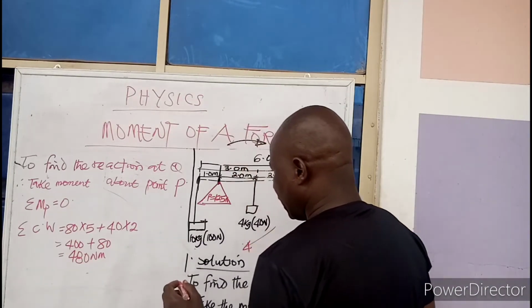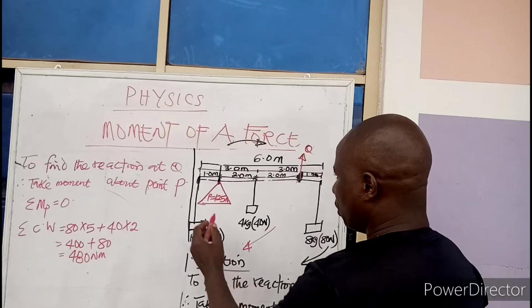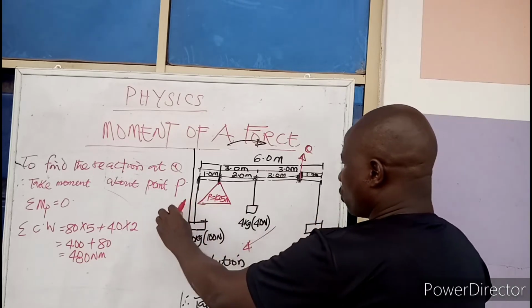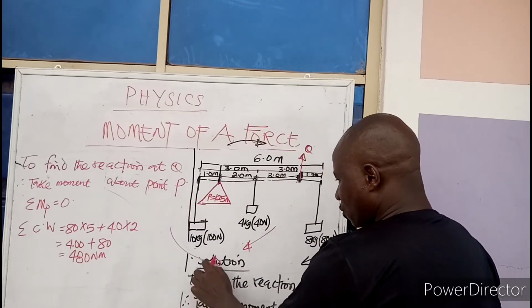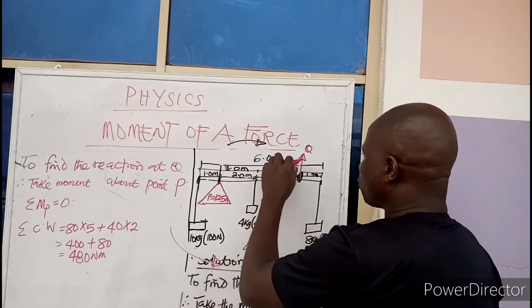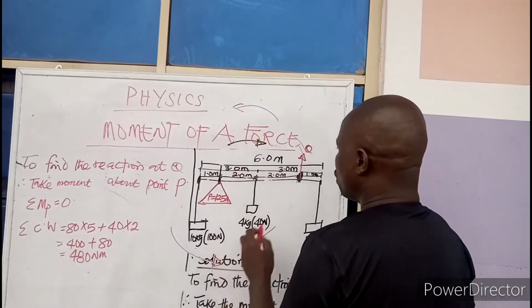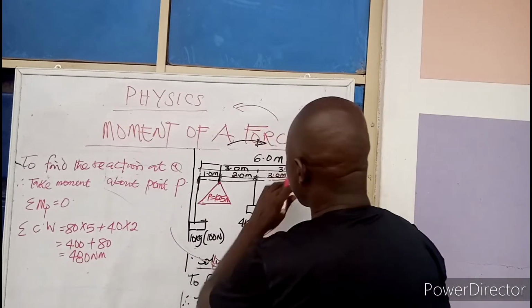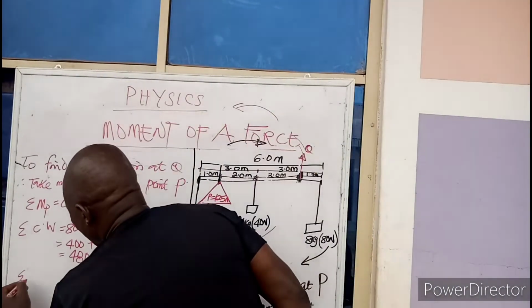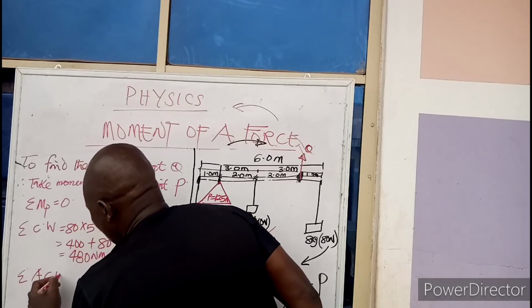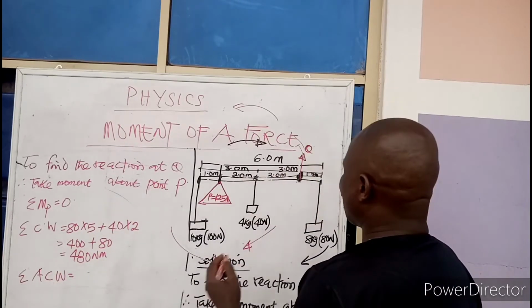Now, let us get the other one. So, this one will now move this way to counter. This one will move this way, and this one too will move this way. I mean our Q. So our Q now, that's anti-clockwise. Summation of anti-clockwise moment. What's our anti-clockwise there?